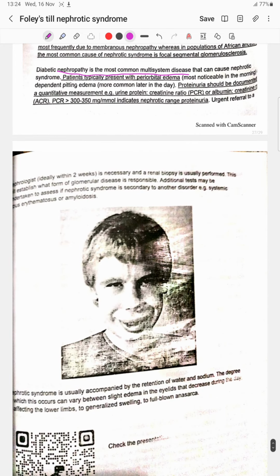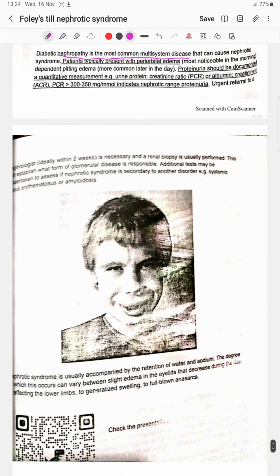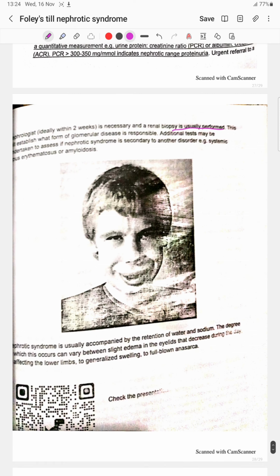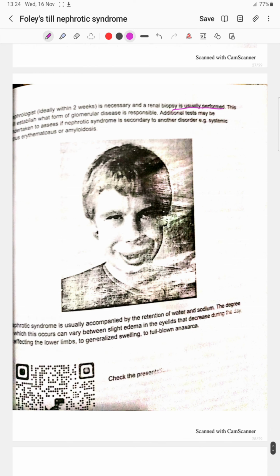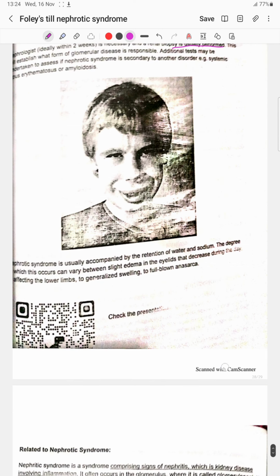Urgent referral to a nephrologist, ideally within 2 weeks, is necessary, and renal biopsies are usually performed to establish what form of glomerular disease is responsible. Additional tests may be undertaken to assess if the nephrotic syndrome is secondary to another disorder, for example, systemic lupus erythematosus or amyloidosis.